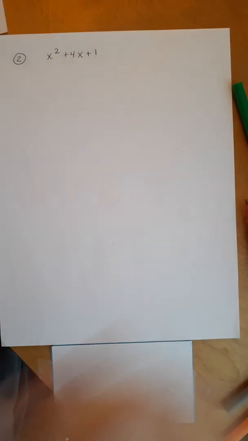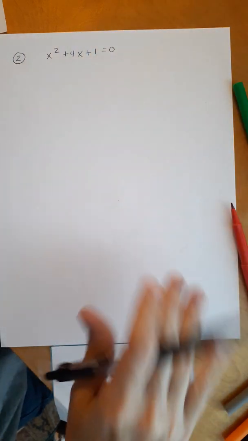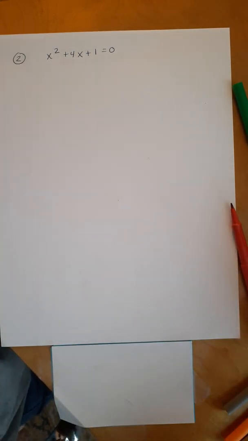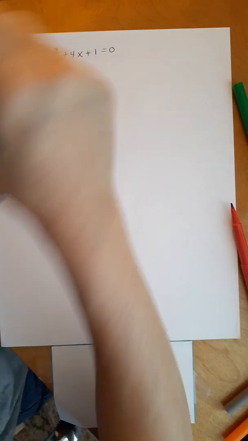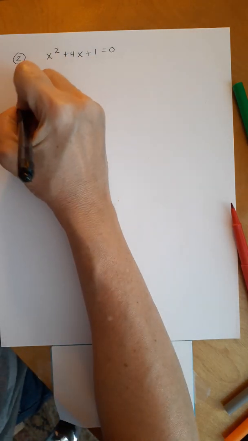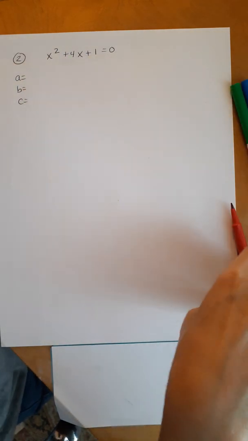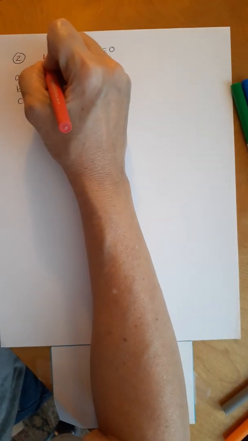Okay, the first thing you do, if you are not sure what to do, is find my A, my B, and my C. And we're going to first look at that discriminant. So here's my A, my B, my C. My A is 1. How easy is that?